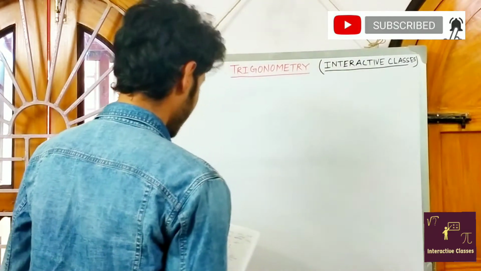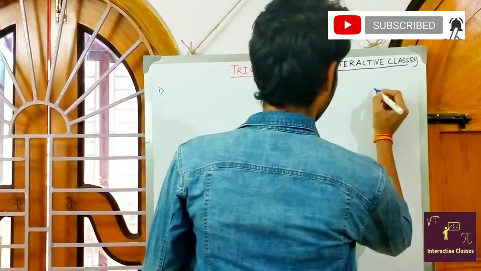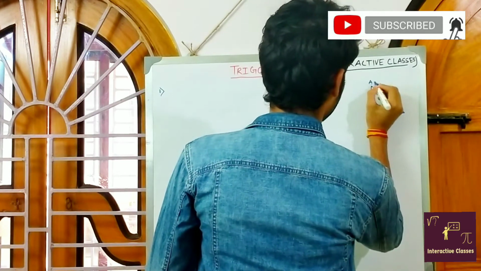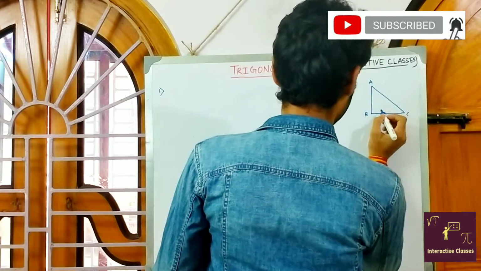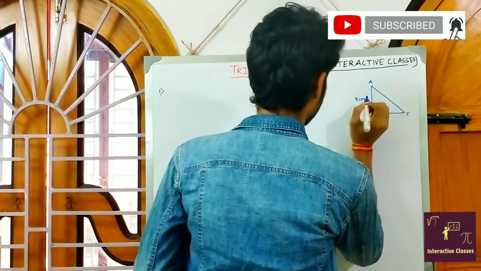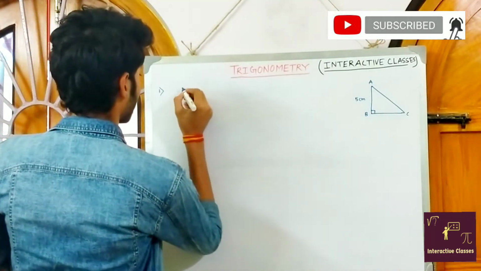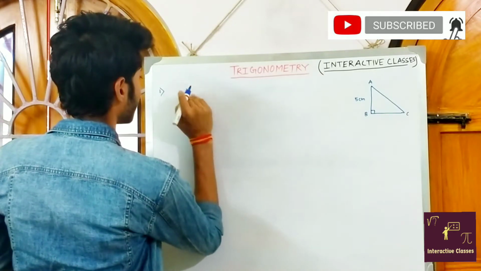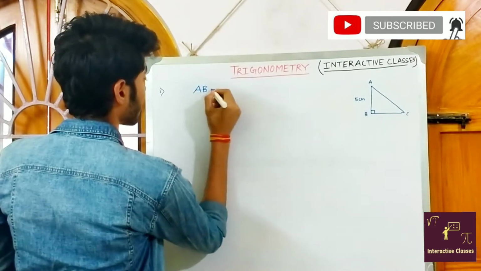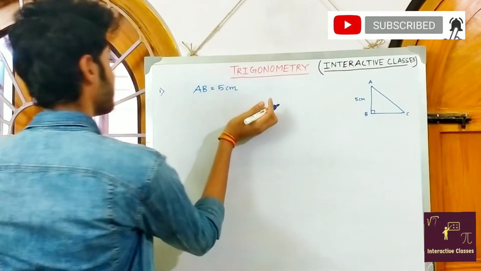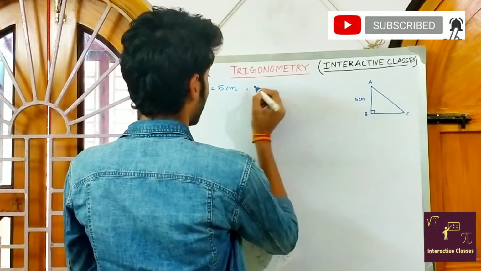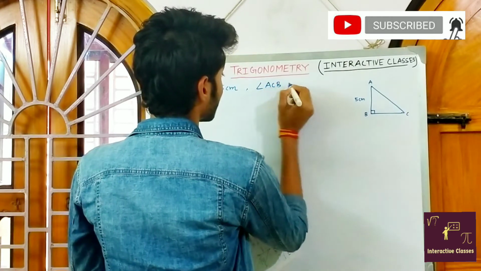In the first problem, it is given that in a right angle triangle ABC, which is right angled at B, AB equals 5 centimeter and angle ACB equals 30 degree.